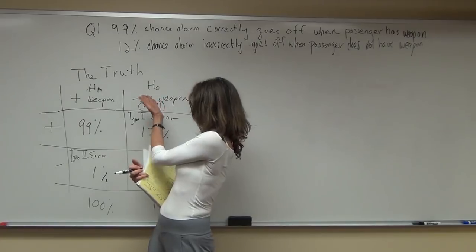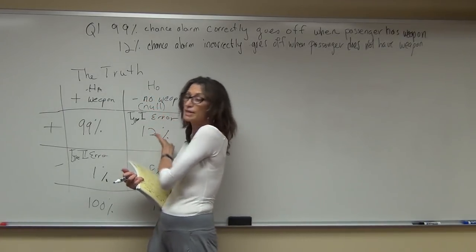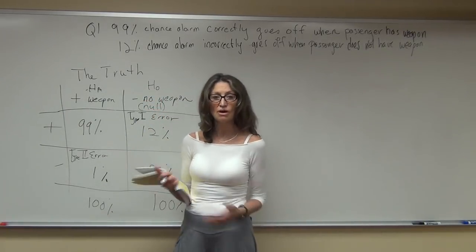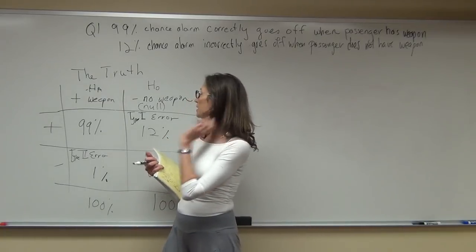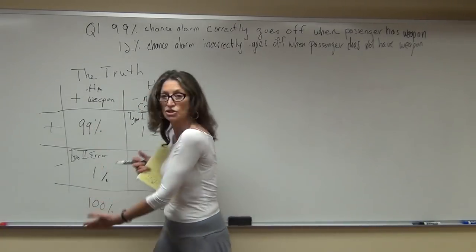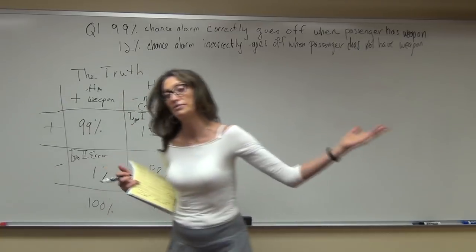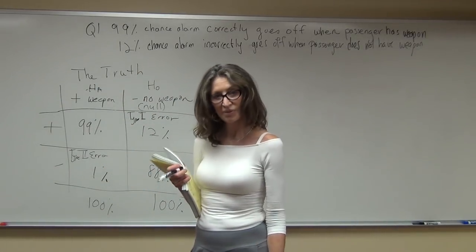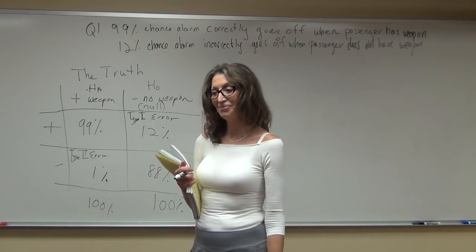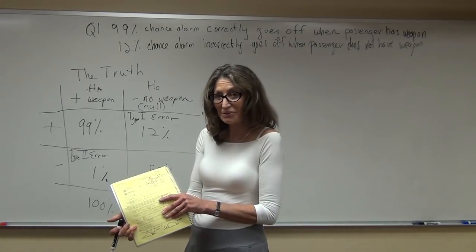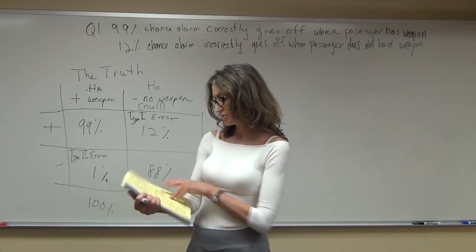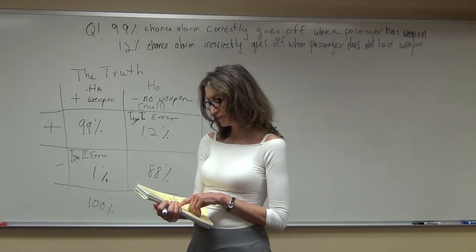Well, when you don't have a weapon, it will be so sensitive, it's just going to go off no matter what, and that's going to increase this probability, but of course it will decrease the probability of a type 2 error. And if increasing one decreases the other, so that's the answer there, so it will be increased.